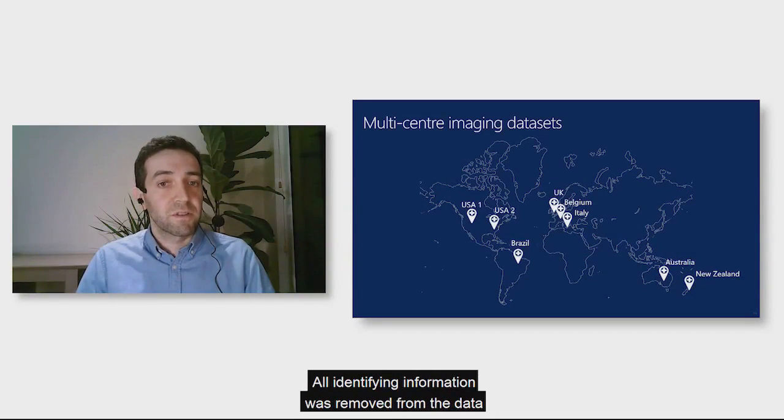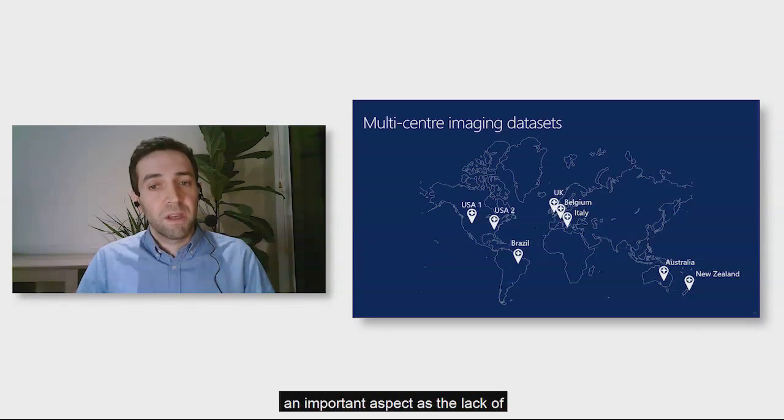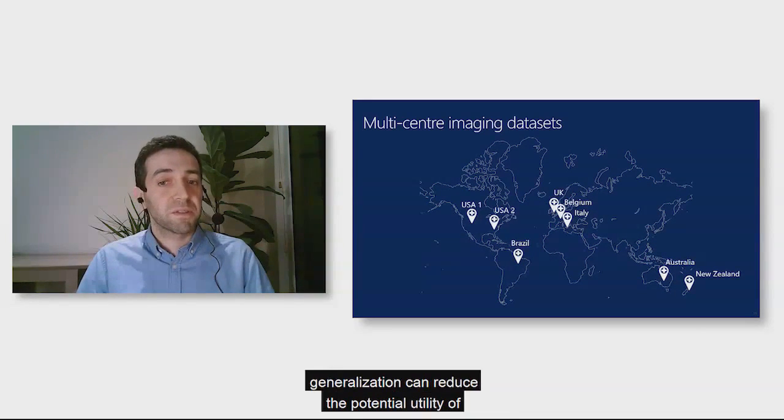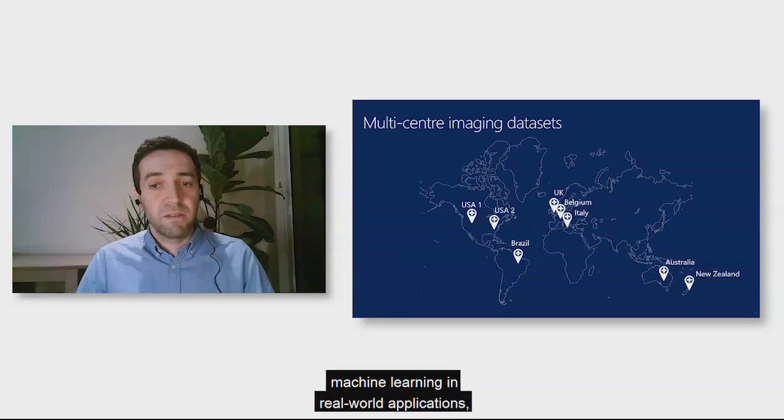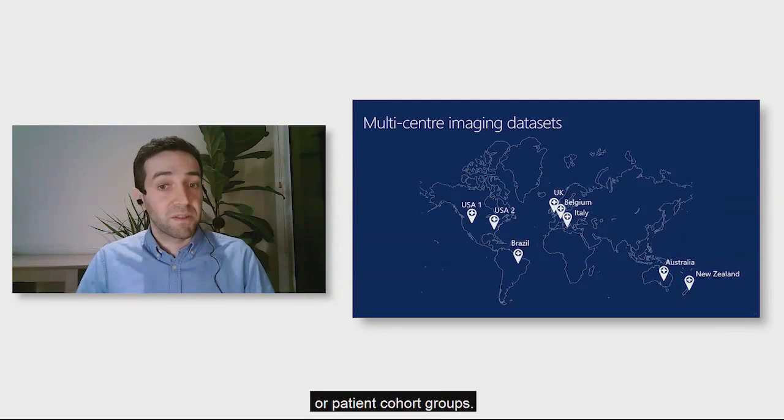All identifying information was removed from the data by the clinical sites prior to the transfer to Microsoft Research. And training and validation on multiple sites is an important aspect, as the lack of generalization can reduce the potential utility of machine learning in real-world applications, such as due to different image acquisition settings or patient cohort groups.